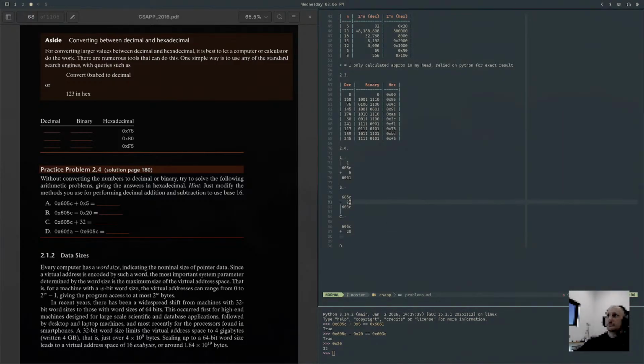32, so we'll just, oh no, it's adding 20 this time. So C plus 0 is C, that'd be a 7 here, and a 60 here.